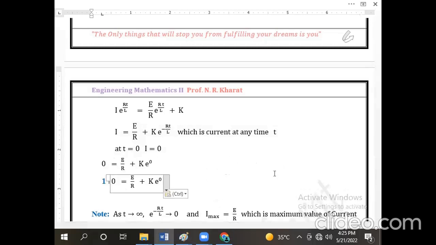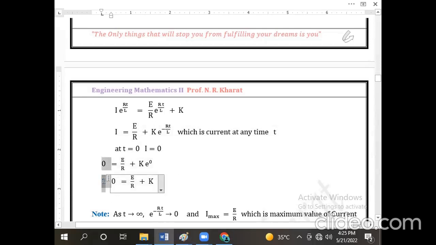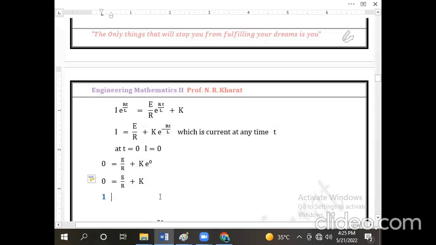So we get 0 is equal to E upon R plus k, and this value of your k is minus E upon R.